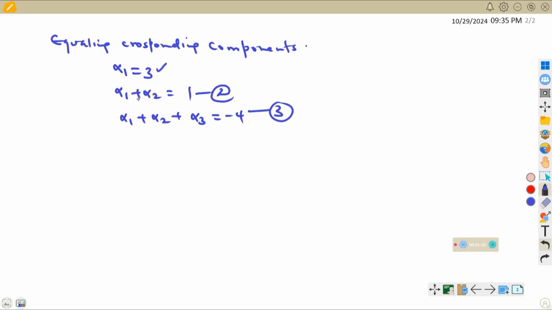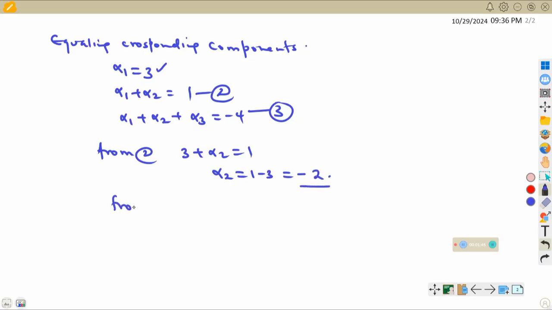So far we have already got alpha 1. From equation 2, we shall have 3 plus alpha 2 equaling 1, and for that case, alpha 2 will be 1 minus 3, which is negative 2.